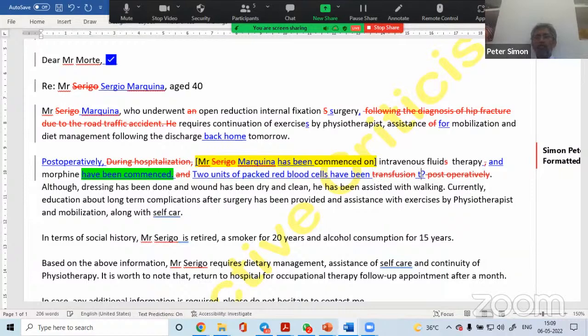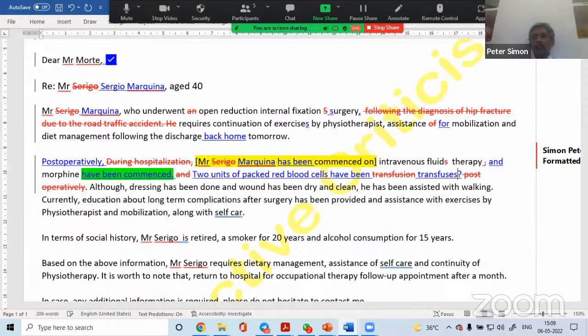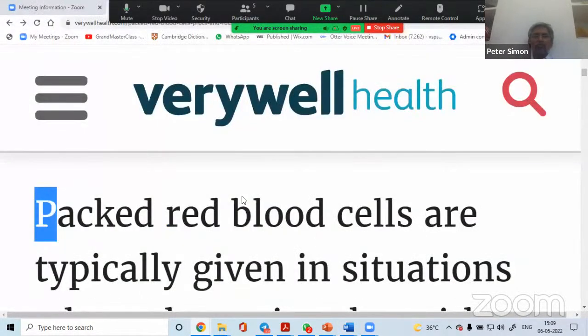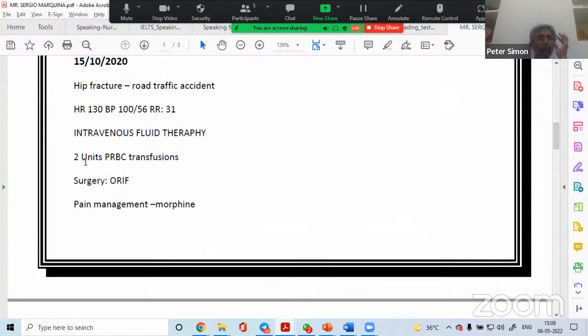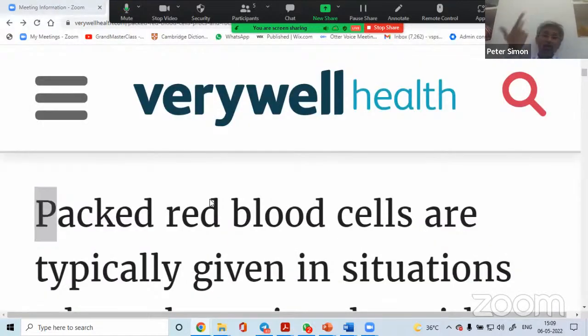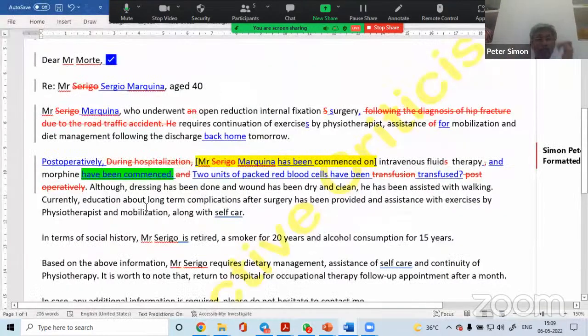Have been transfused without any complications. So PRBC transfusion, that is finished. Okay. Pain was effectively managed by morphine. Pain has been effectively managed by morphine. That also you can write as another sentence.